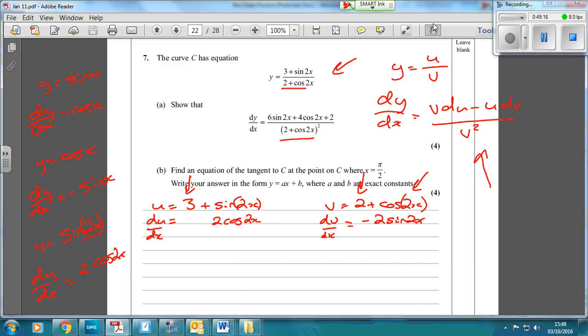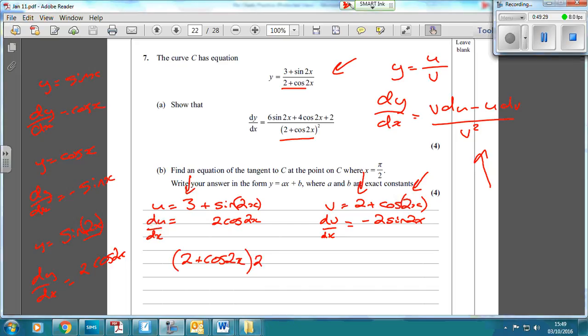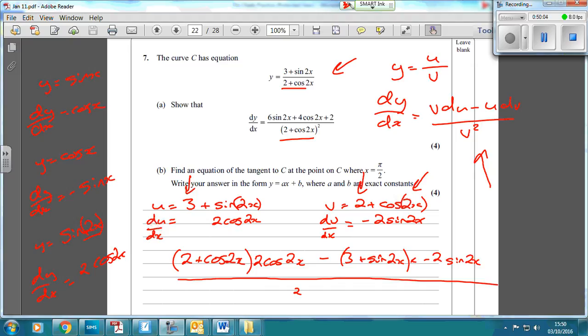So it's going to be v du, so it's going to be 2 plus cos 2x, that's v, and du, which is 2 cos 2x, minus u dv, so that's minus 3 plus sine 2x times by minus 2 sine 2x, all over v squared. So all over 2 plus cos 2x squared.